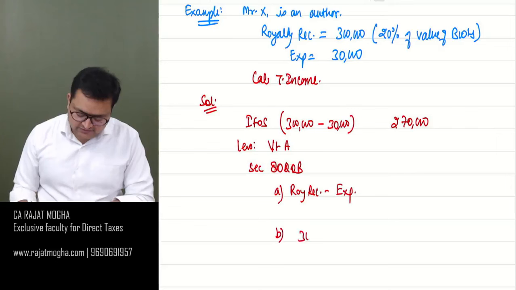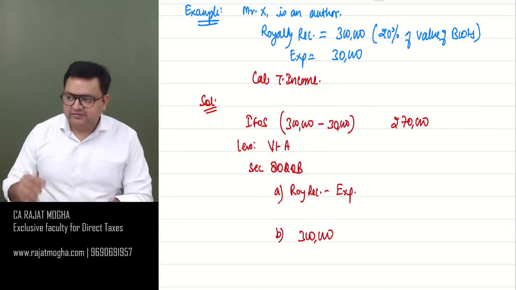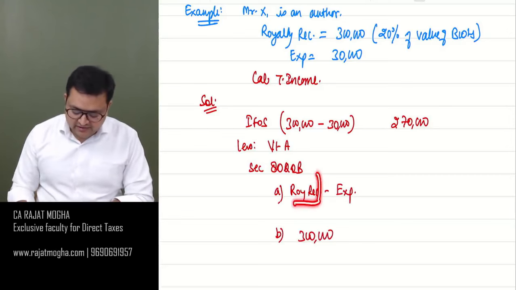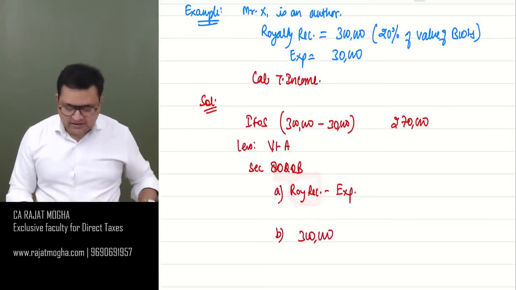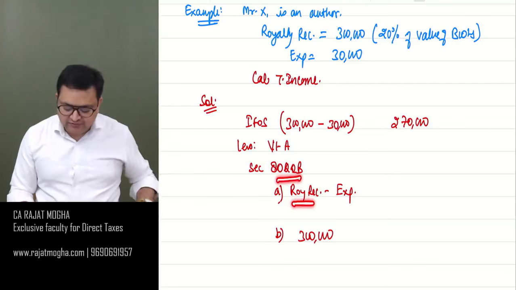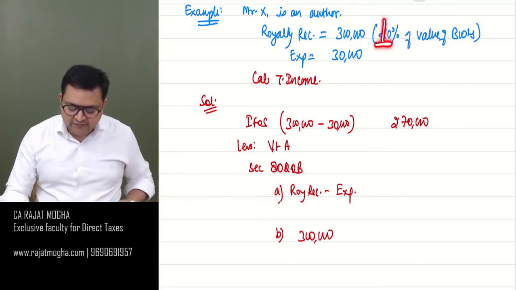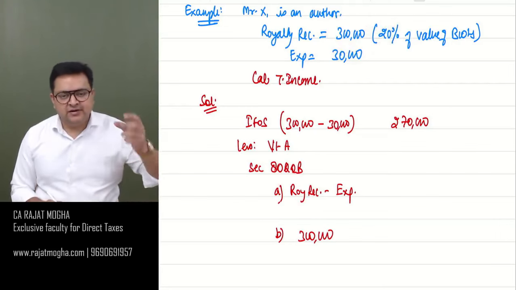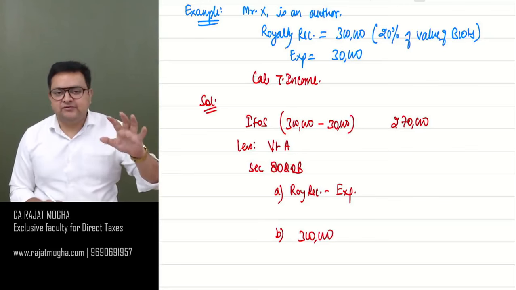B, rupees 3 lakh is the fixed limit, whichever is lower. Now when you are giving this deduction, you should not take more than 15%. If this would have been 14% or 13%, I would have taken this amount. But if it is more than 15%, I have to take maximum 15%.